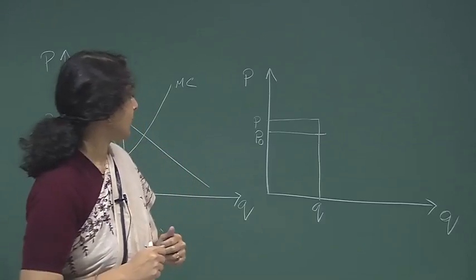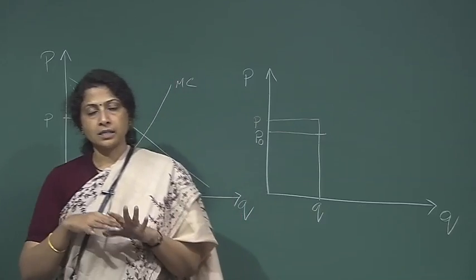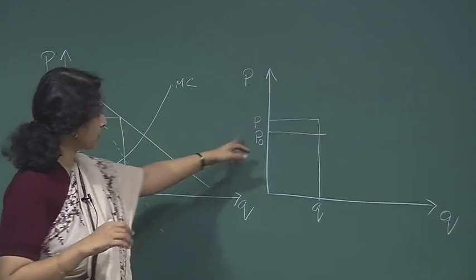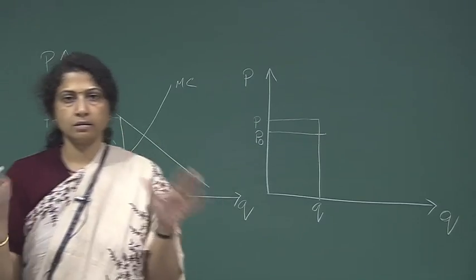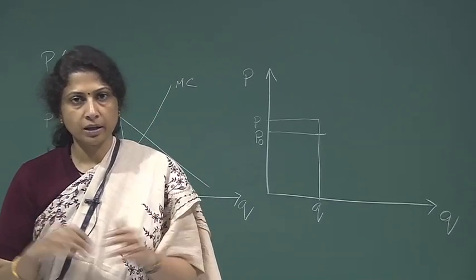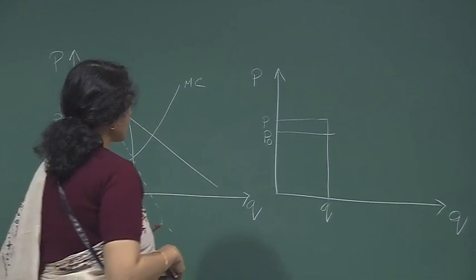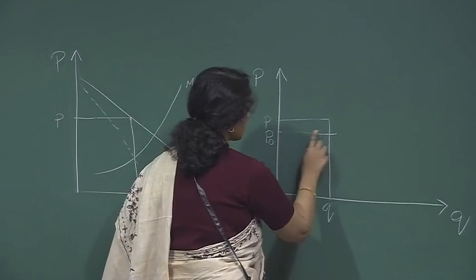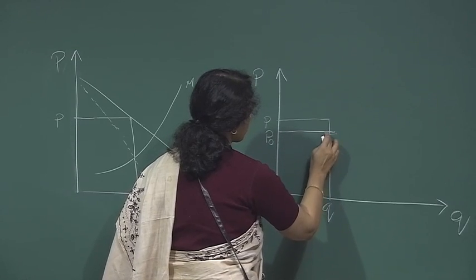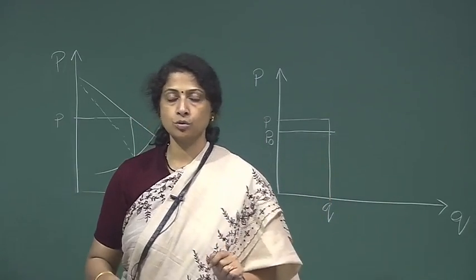Because they know that they are operating in the same market, and this is the equilibrium situation, the market is at rest, and this is the prevailing price in the market. So everyone is charging around P. Now, this firm decides I am going to reduce the price to P0. As soon as it reduces the price to P0, other firms in the market are also going to reduce their price to P0.